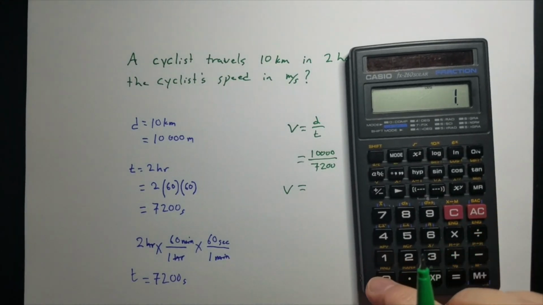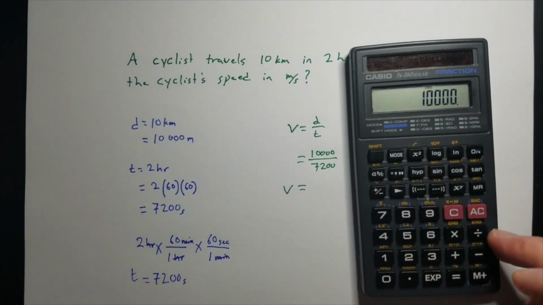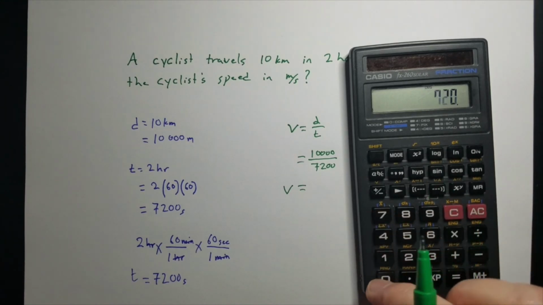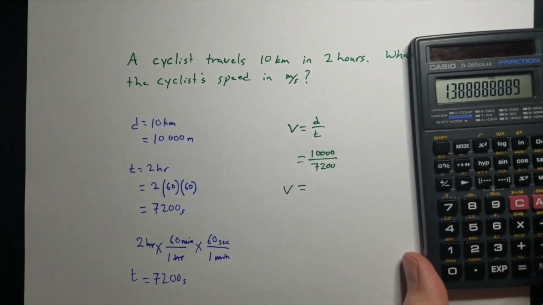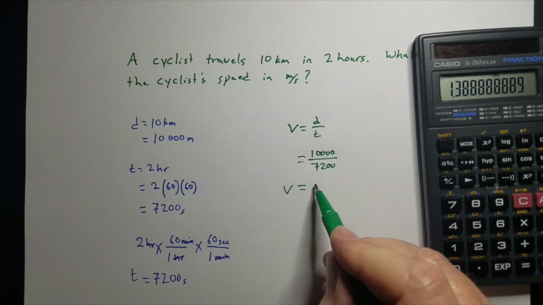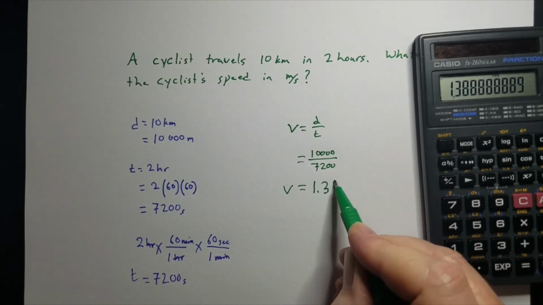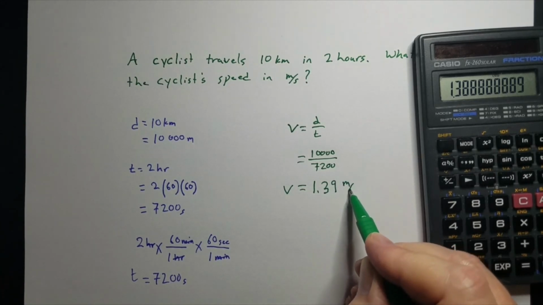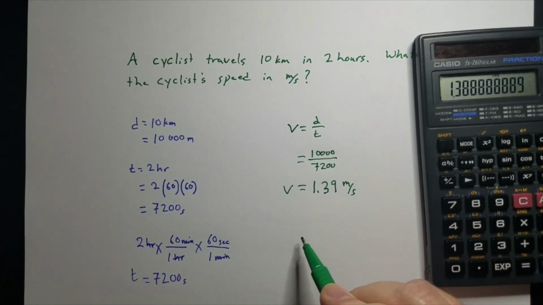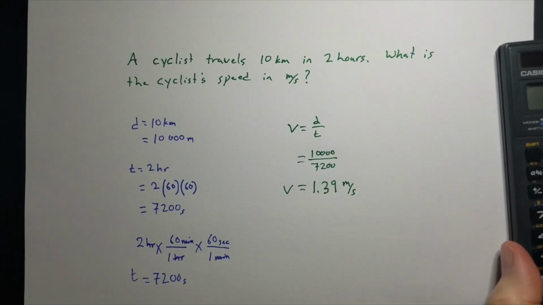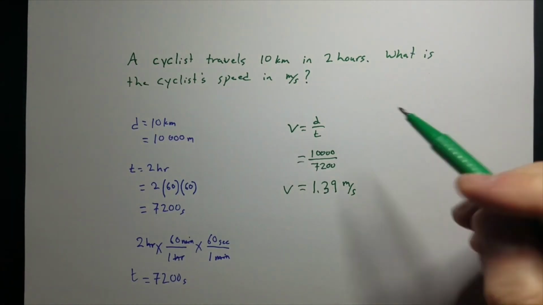So 10,000 meters divided by 7,200 seconds. That means this cyclist is going 1.39 meters per second. And that's his average speed over the entire course of that race.